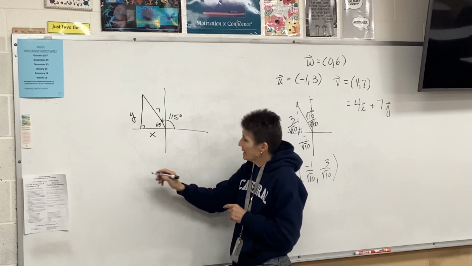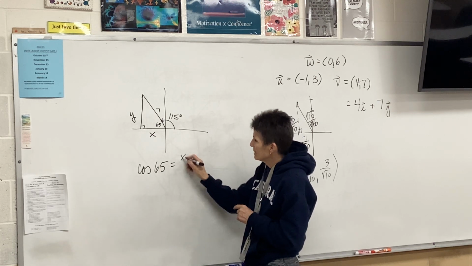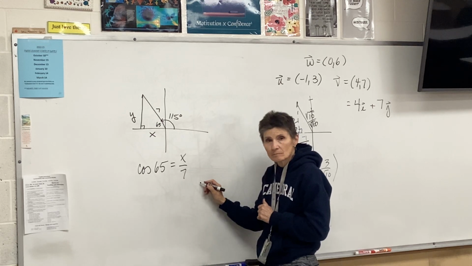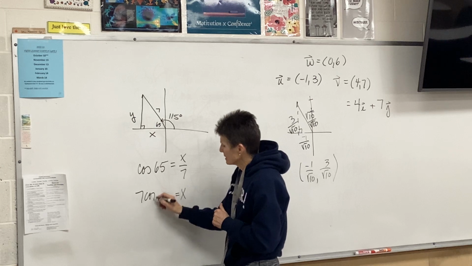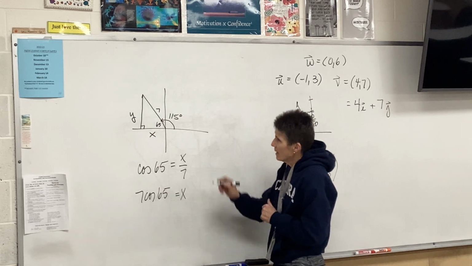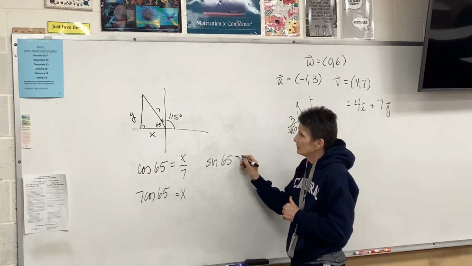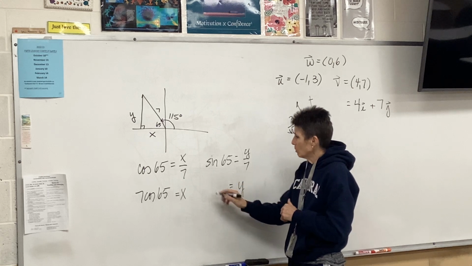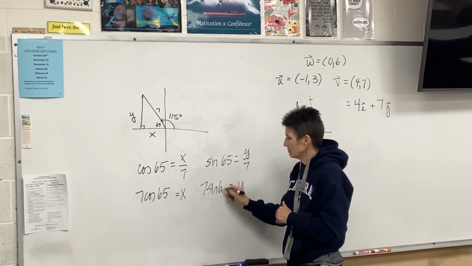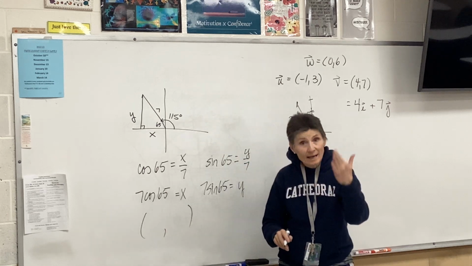And if I want to find x, I can say cosine 65 equals x over 7. So x equals 7 cosine 65. And then I can do the same thing, only say sine 65 equals y over 7. So y equals 7 sine 65. So I can find the components, x and y.